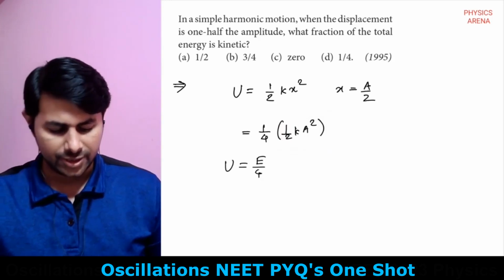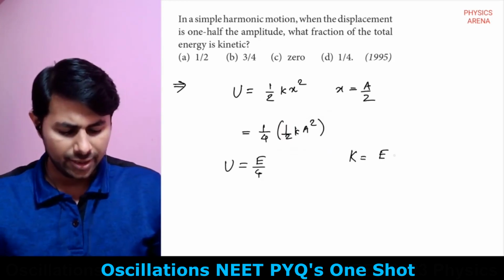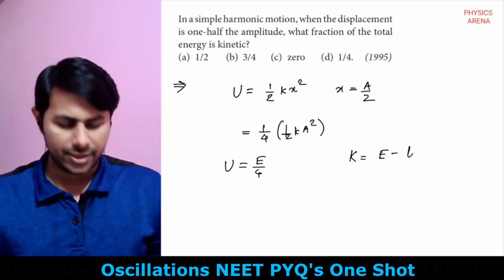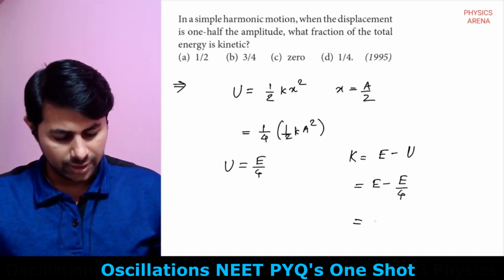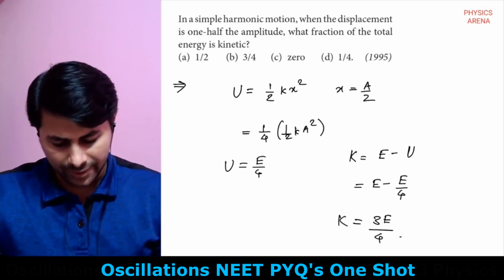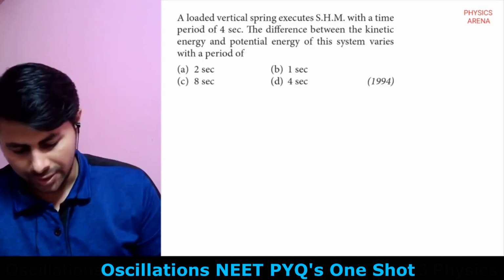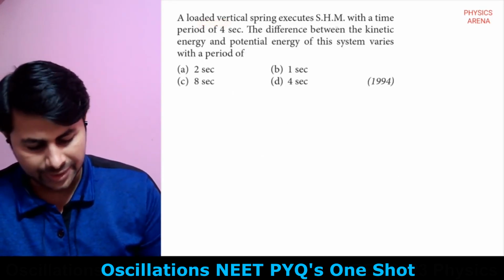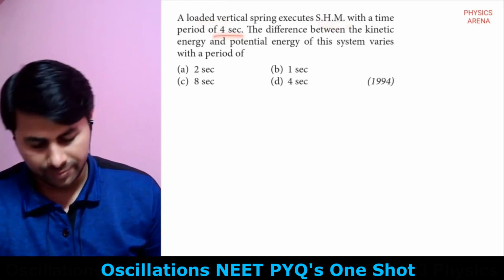This is potential energy. We want kinetic energy. So it is total energy E minus potential energy U, E minus E by 4. That is 3E by 4. So what fraction of total energy is kinetic? It is 3/4.